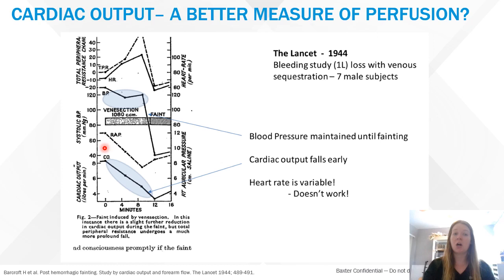Now, if you look at cardiac output, immediately when they start to bleed out, cardiac output and flow just start to decrease and decrease and decrease because there's nothing that compensates for flow. So first, the whole purpose of this is to show you the difference between blood pressure and flow. It's also to show you that by the time you see your patient who has low blood pressure and a systolic in the 60s, their body has already been in a compensatory state for a period of time.